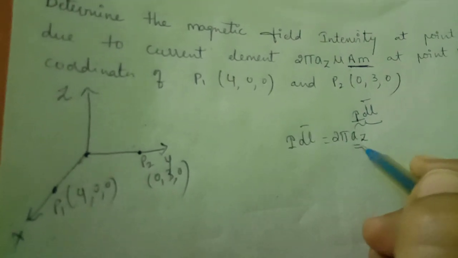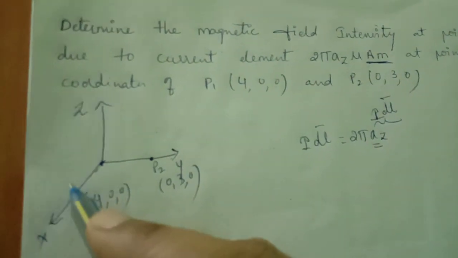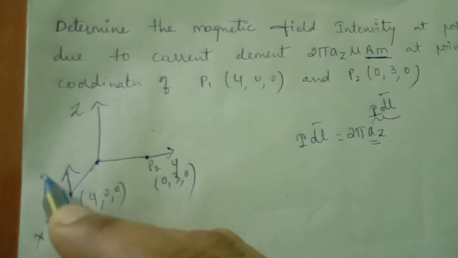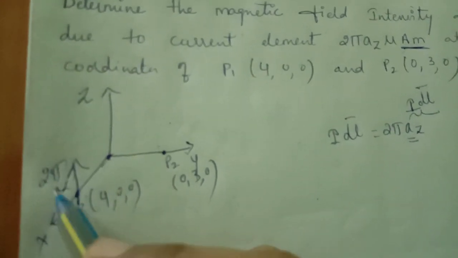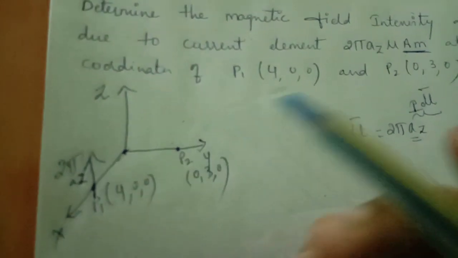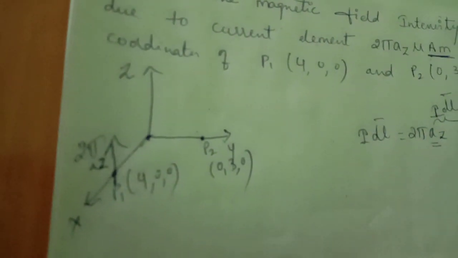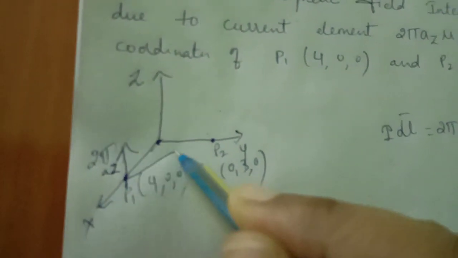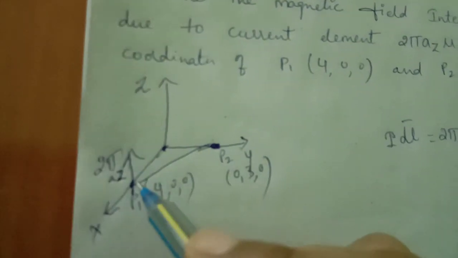Since it is Az, the direction of dl is along Az, the z direction. So we can draw a current element here in the z direction, representing its value as 2 pi Az. Now we have to find out the magnetic field intensity at this point due to this one.